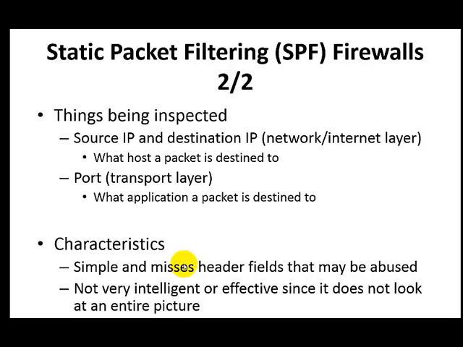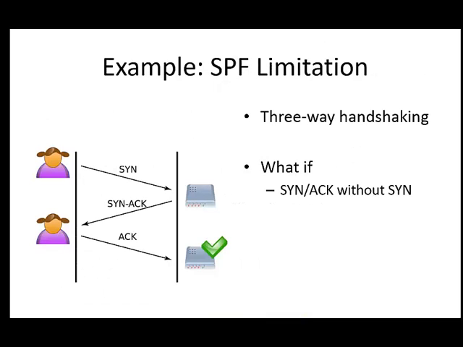I mean, how this packet is associated with others, and we cannot really look at that packet in the context of other packets, and that turns out to be one of the biggest limitations of this type of firewall. So here I'd like to give you a more concrete example of how SPF firewalls are limited, because they're looking at only one packet at a time.